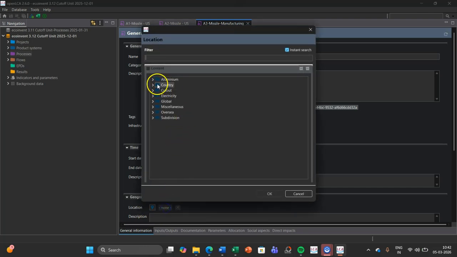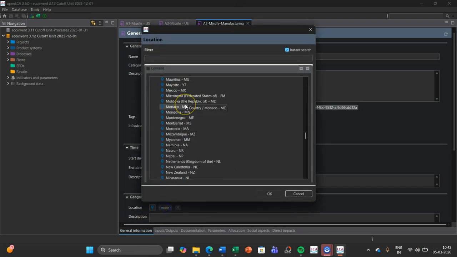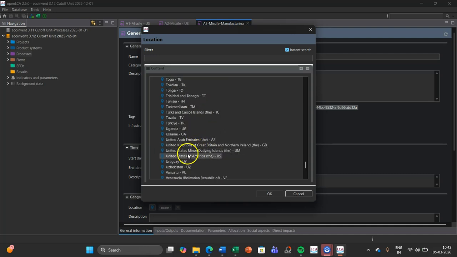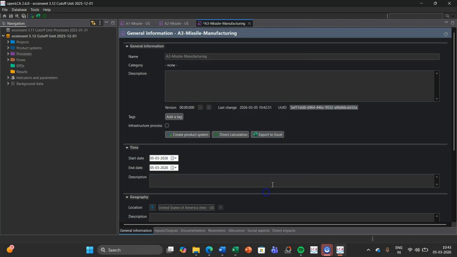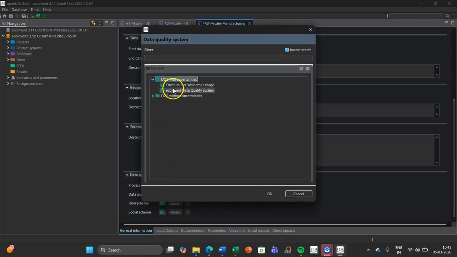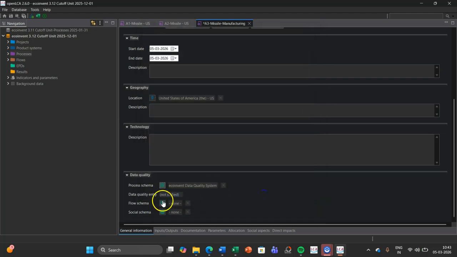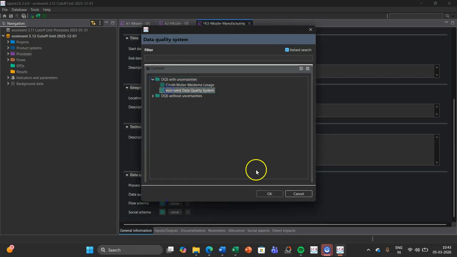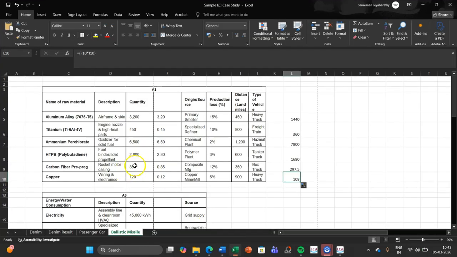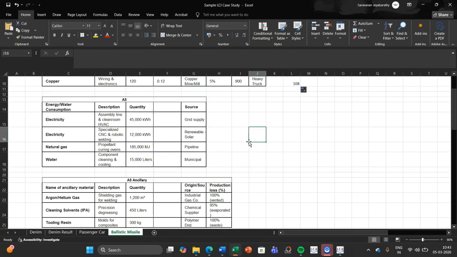Okay, the location, and the data quality. Okay, so in case of A3, we have energy, right? We have energy input. Electricity, 45,000 kilowatt hour.